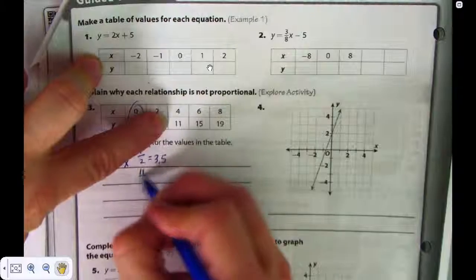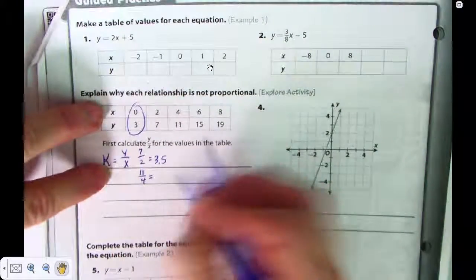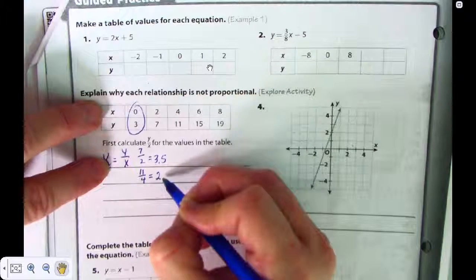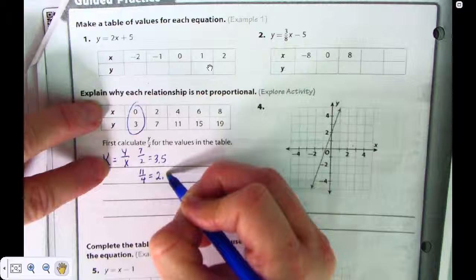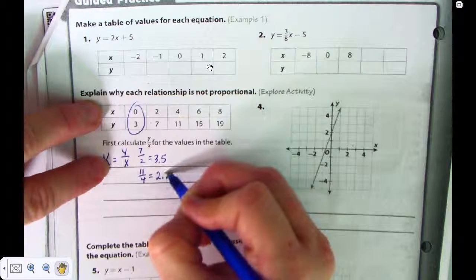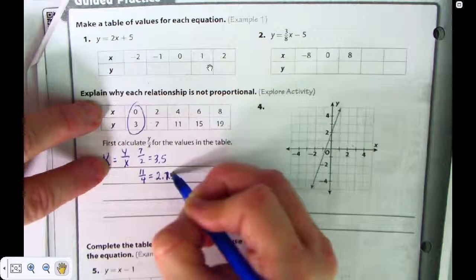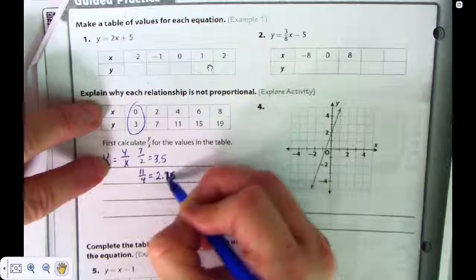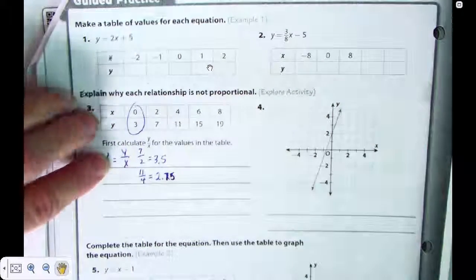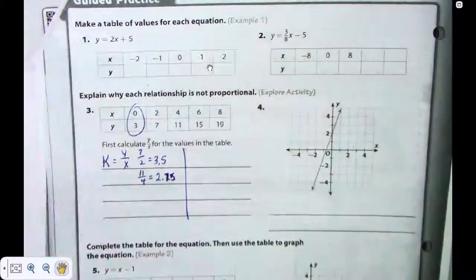And then 11 divided by 4 is 2 point, what, Amber? 2.75. Okay, so 2.75. So we know that those are not the same. So yep, it's not proportional.